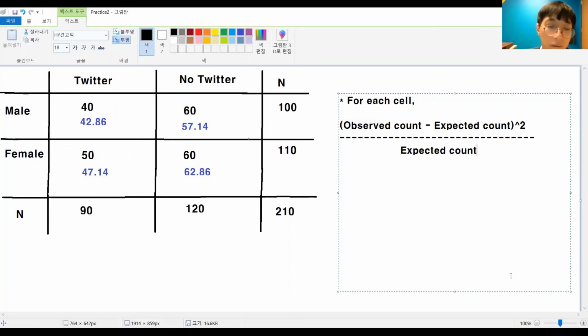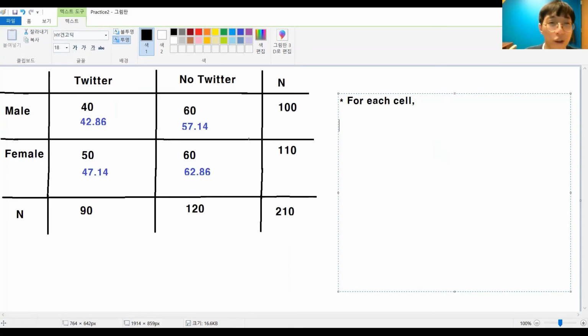So you will just follow the formula for each cell, just do the math.